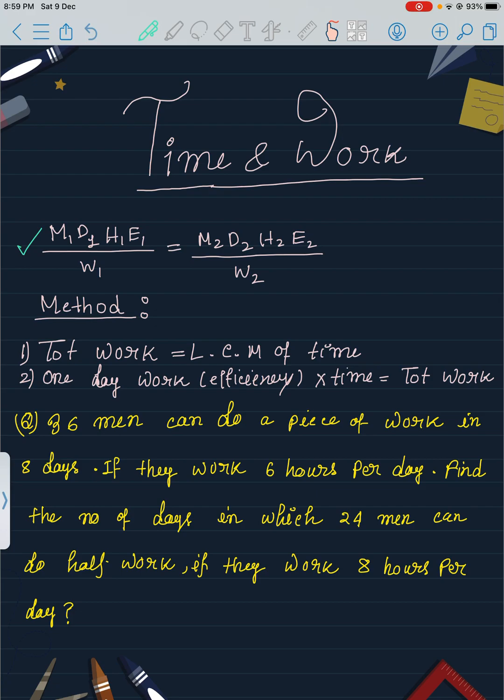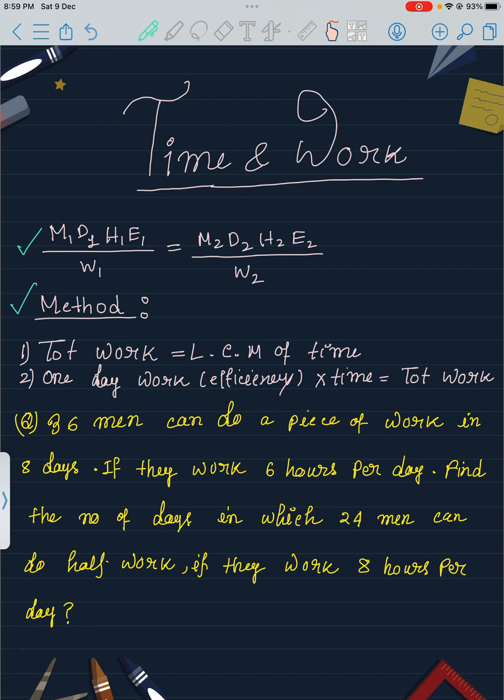M is number of men, d is number of days, h is number of hours, e is efficiency, and w1 or w2 is unit of work. This is one formula. We can use this, and we can also use another formula which is noted here.